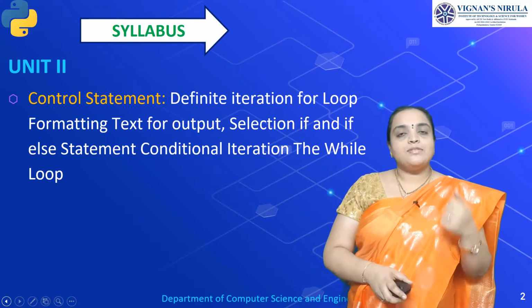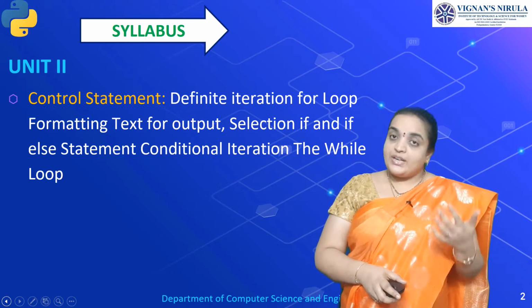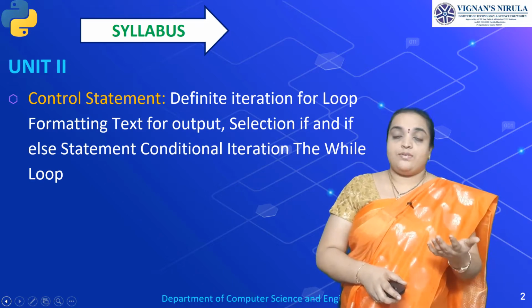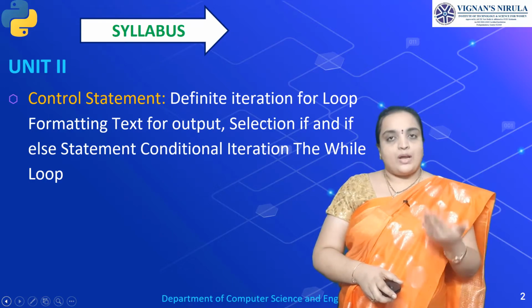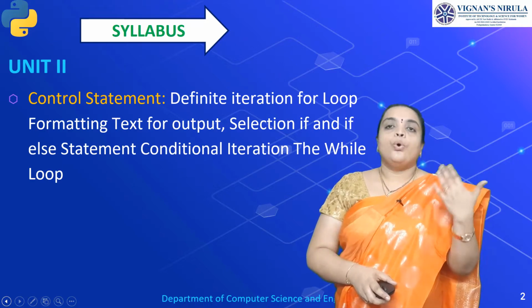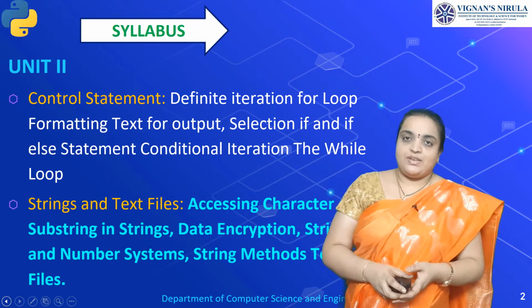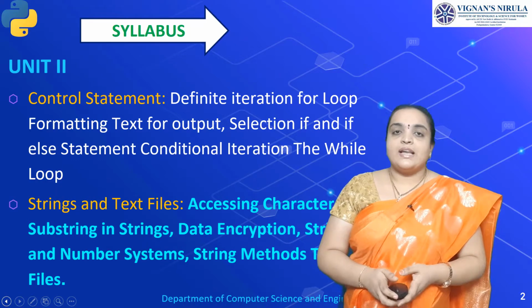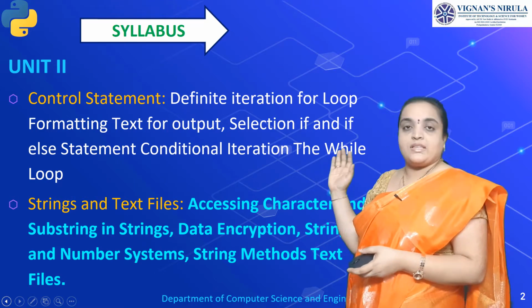So here we have seen if else, nested if else, nested loops, and we have seen what is while loop, what is for loop, and we have seen break, continue, and pass statements in our previous lectures. Today in this lecture, we will see about strings and text files.